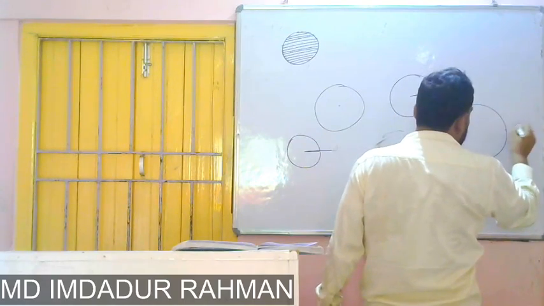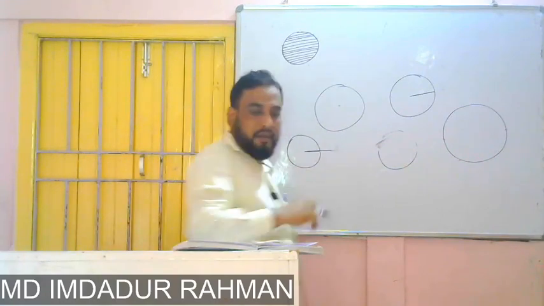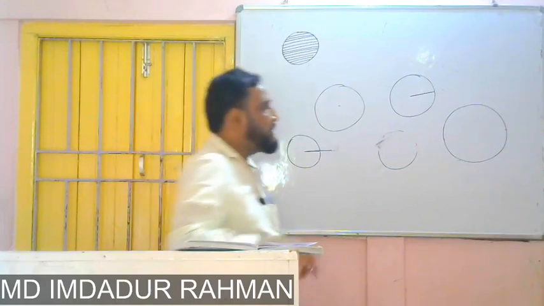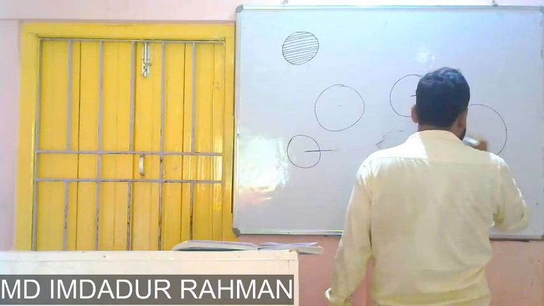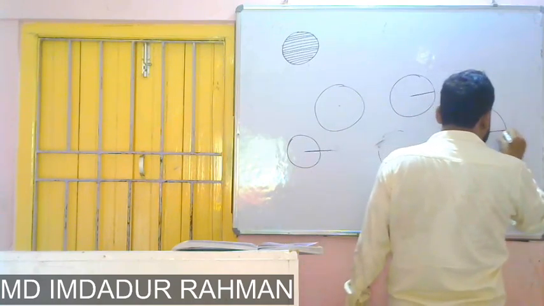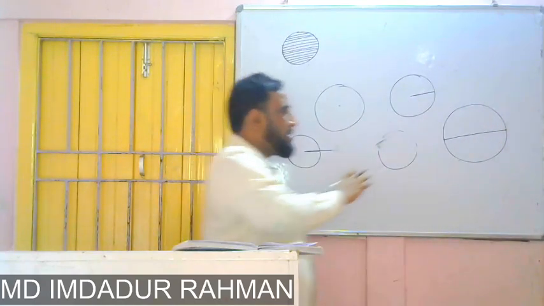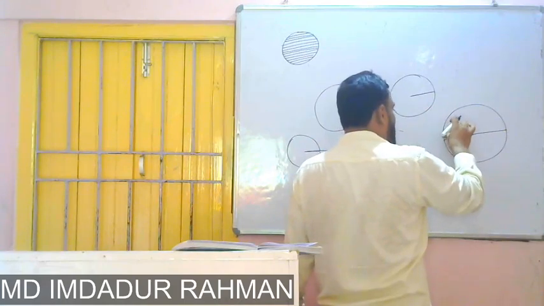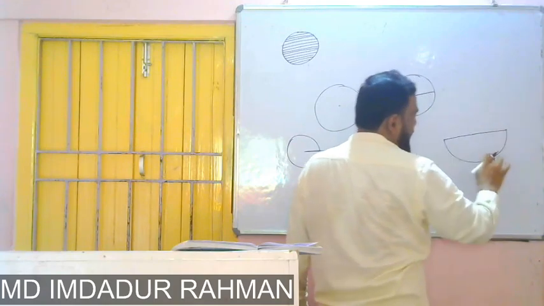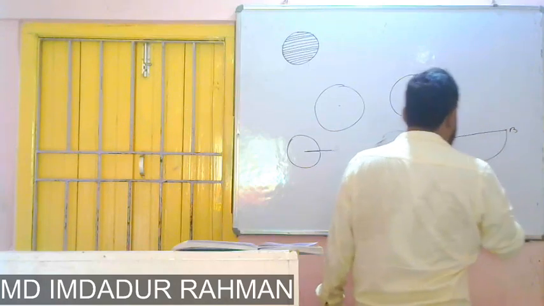I said the portion of the circumference is called an arc of the circle. Here your question is, an arc is a dash when its ends are the ends of a diameter. If it is the center of the circle and we draw a line segment through the center and remove this upper portion, the diameter is named AB.